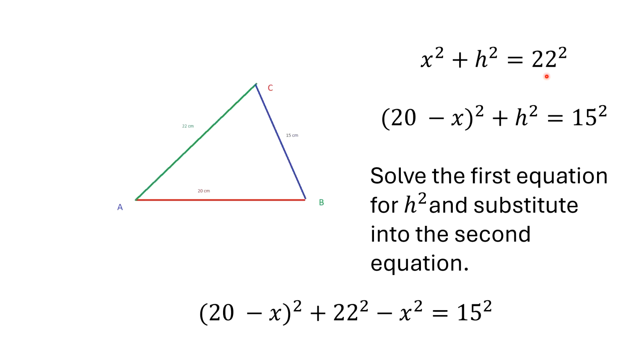So here are my two equations. I'm going to solve the first one for h squared, and it's going to be 22 squared minus x squared. So here I have (20 minus x) squared, and I'm going to put in 22 squared minus x squared right here for h squared, and that's equal to 15 squared.